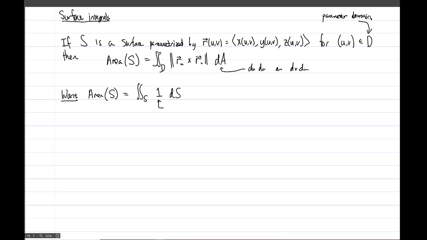By putting a 1 here, this really is a function, so we mean f of x comma y comma z is just the constant function, it always gives the value 1.